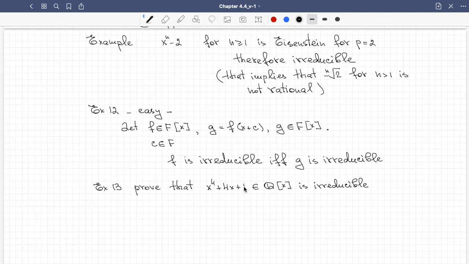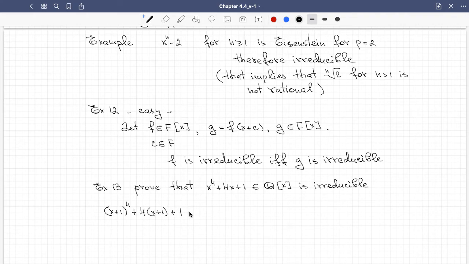However, you take this c to be 1 and write the polynomial (x plus 1) to the 4 plus 4 times (x plus 1) plus 1.